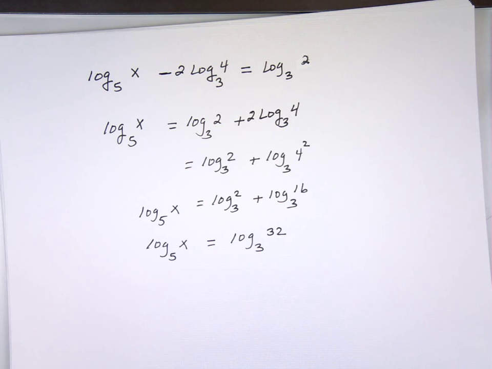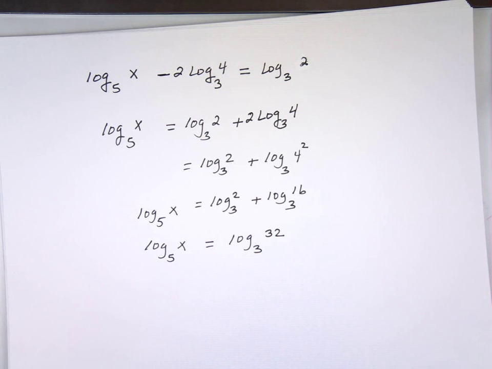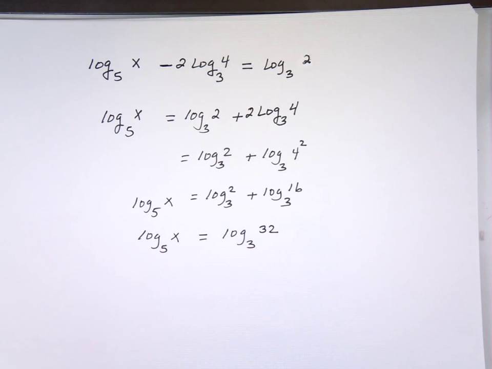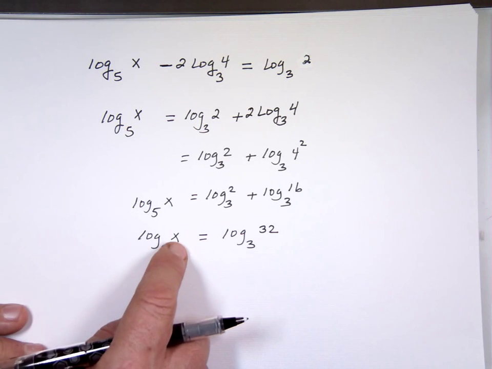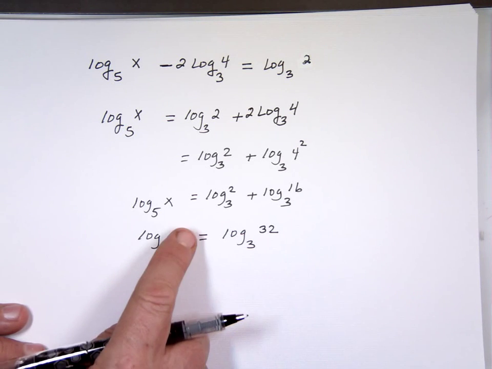Can't do an LCD. It's not like normal math. Can't change the number to 15 on both of them. Can you divide them? But the bases are different. How about if I use the change of base? Remember the change of base? I can write this either as log x over log 5 or natural log of x over natural log of 5. It doesn't matter.